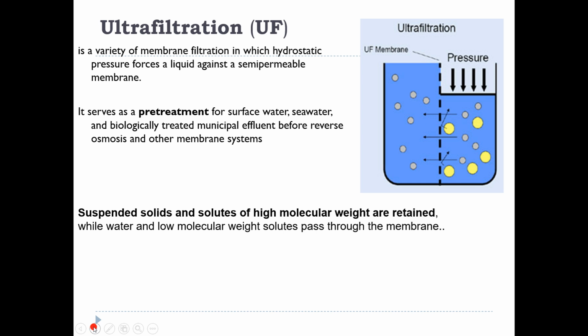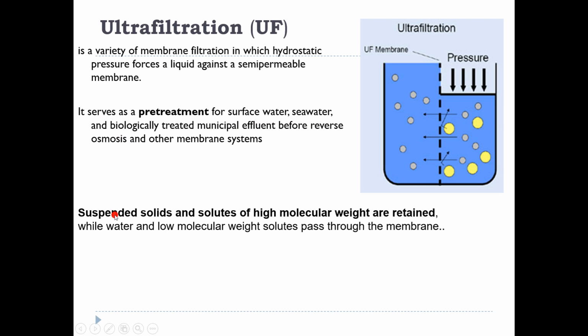The next type of process is ultrafiltration, a kind of pre-treatment to reverse osmosis. It is a variety of membrane filtration in which hydrostatic pressure forces the liquid against a semi-permeable membrane. A similar technique to reverse osmosis. It serves as a pre-treatment for surface water, seawater, and biologically treated municipal effluent before reverse osmosis.